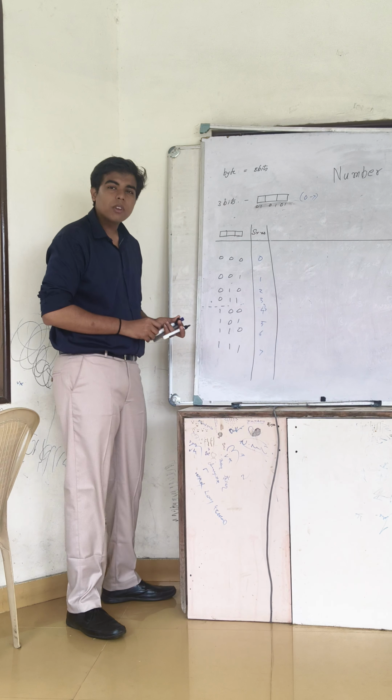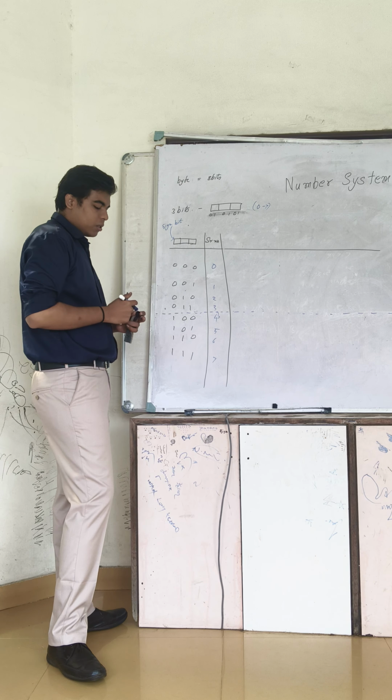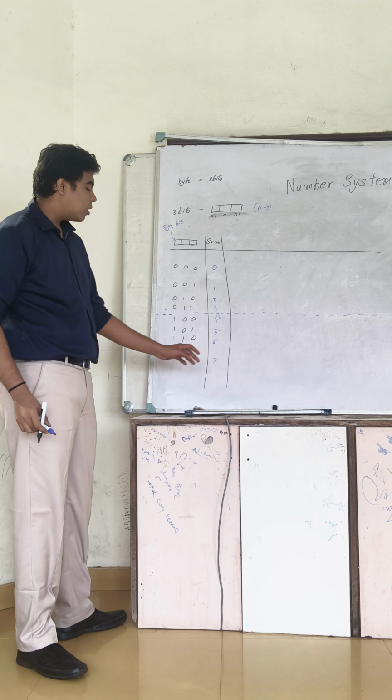So that's how you get the number of combinations. Okay, so the sign bit is for storing negative values, and we can consider the fact that half of them are negative.